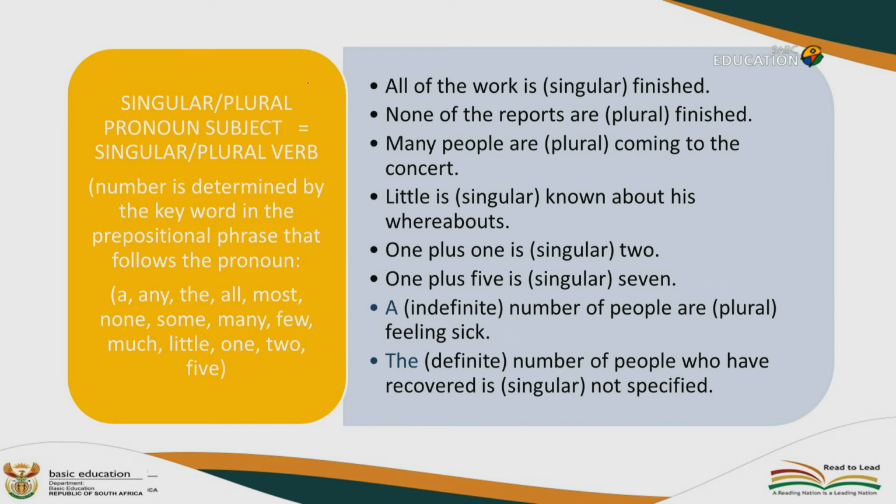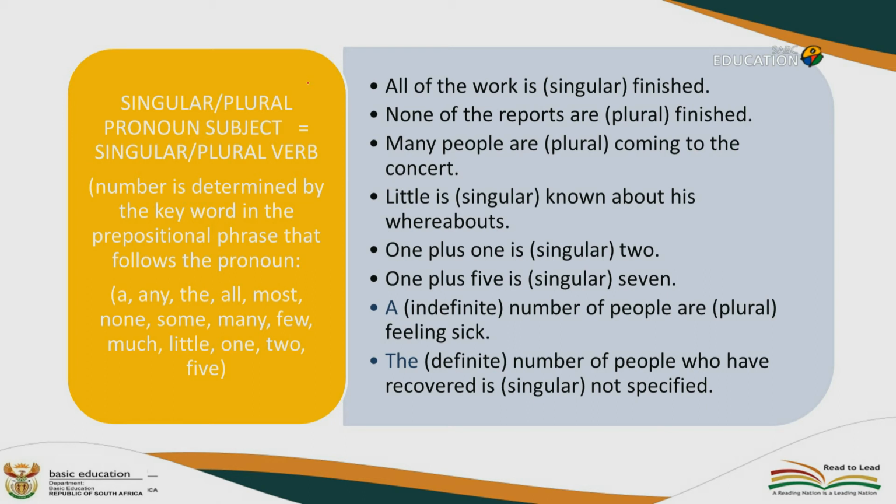And then we have those subjects that require singular verbs, especially those that talk about numbers or amounts. Little is known. 1 plus 1 is 2. We can also say 5 plus 5 is 10.